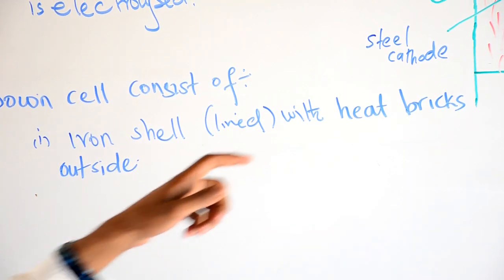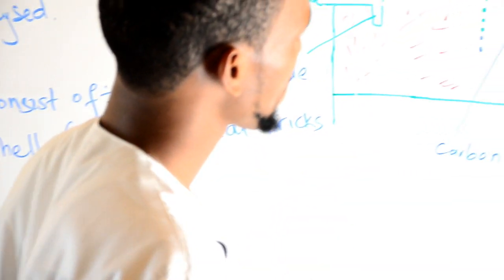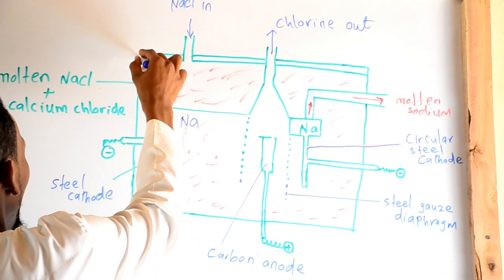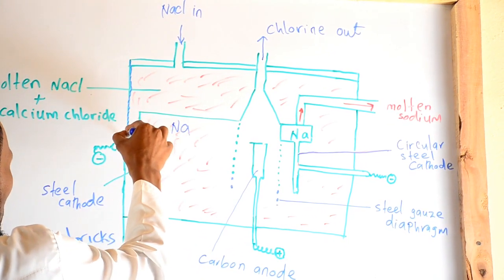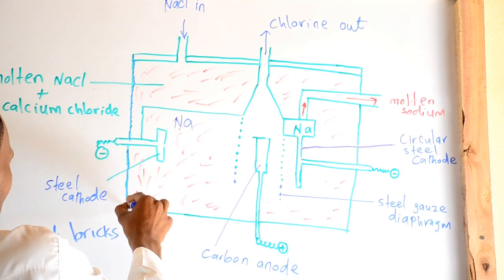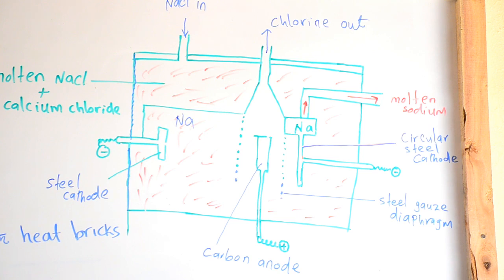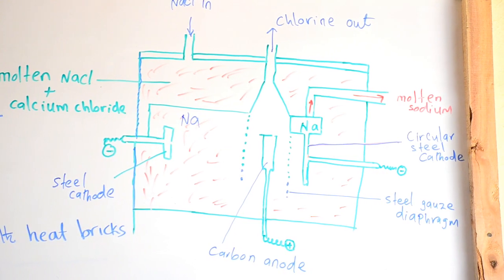So, as you can see here, the outer shell, the iron shell, is made up of heat bricks. Why do we use the heat bricks?